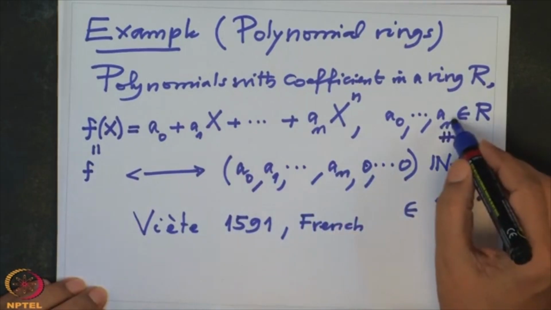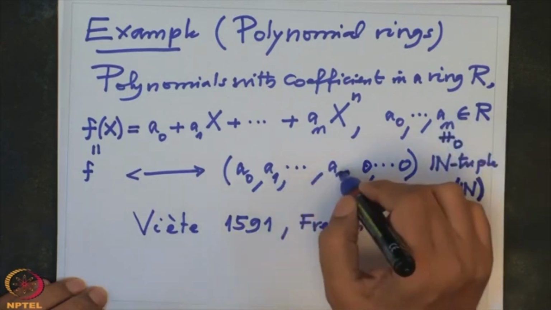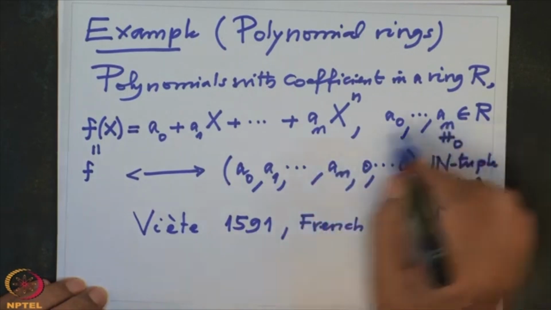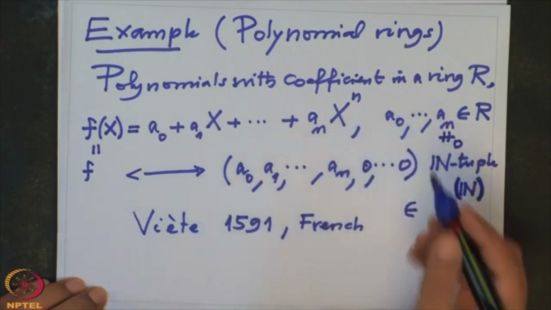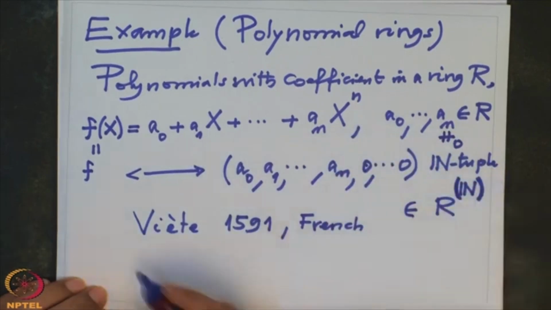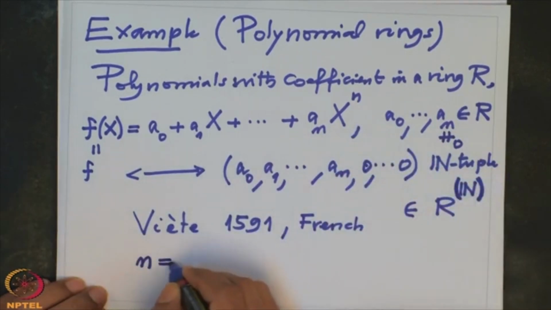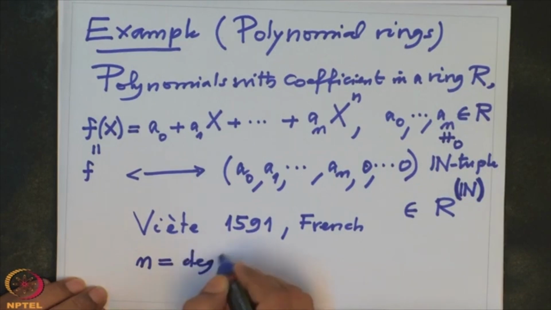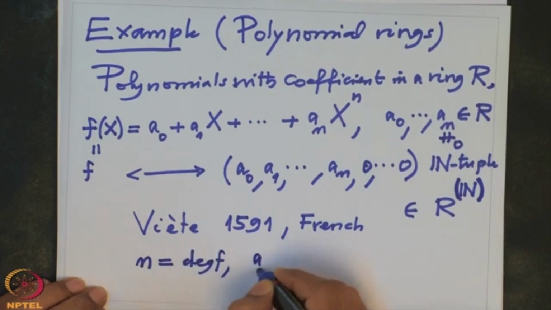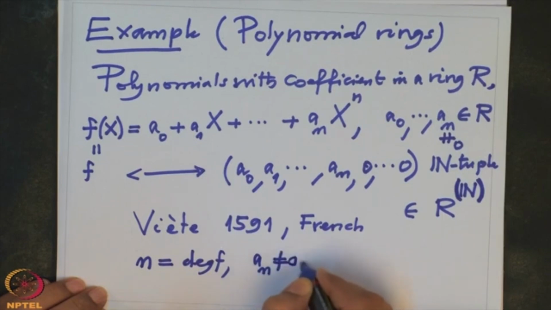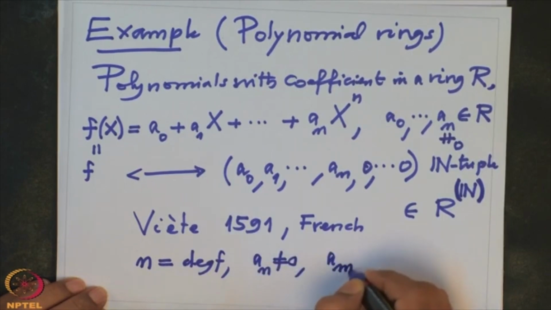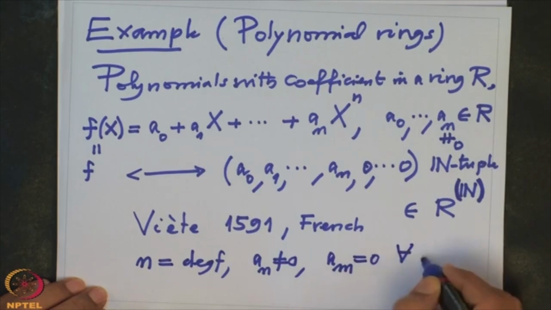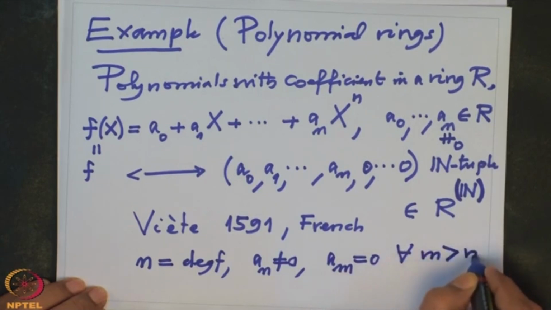This n is called the degree of f if an is non-zero and am is 0 for all m bigger than n. Then this is called the degree.